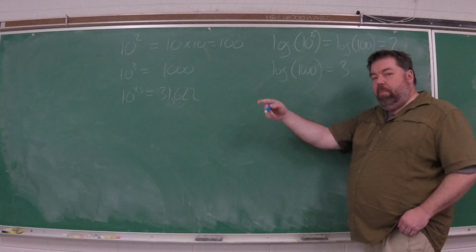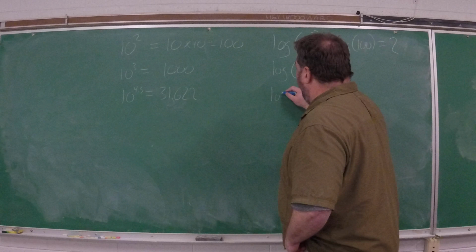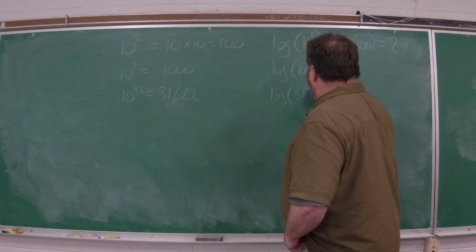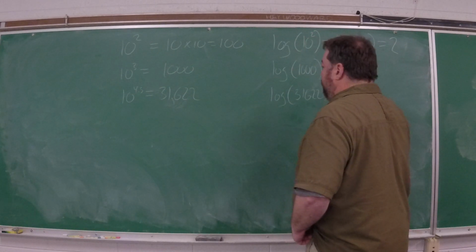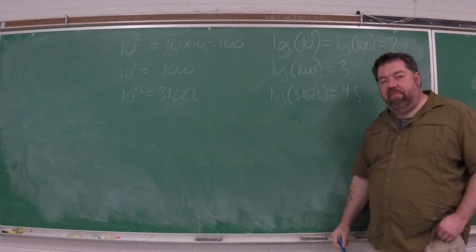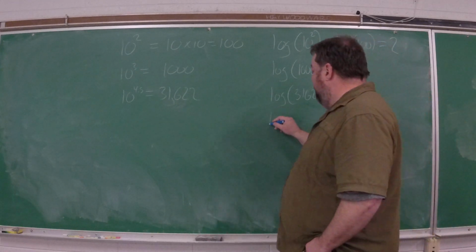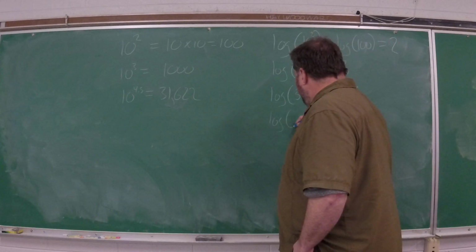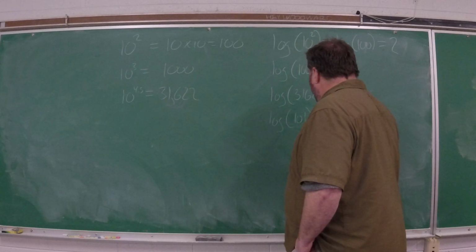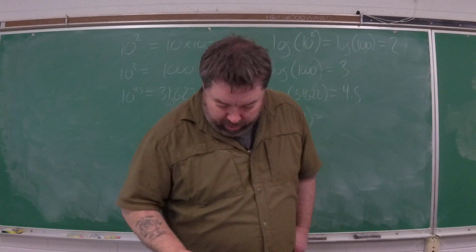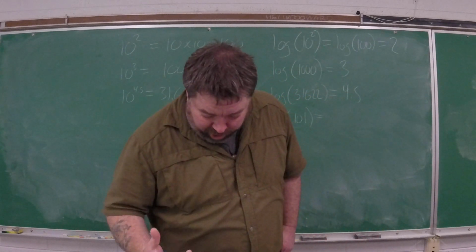Well, for crazier numbers, you can get stuff too. So I can have log of 31,622, and that's going to equal 4.5. Okay, or whatever other number it might have. Log of 101, you know, whatever that is. Let me find my log function on here.